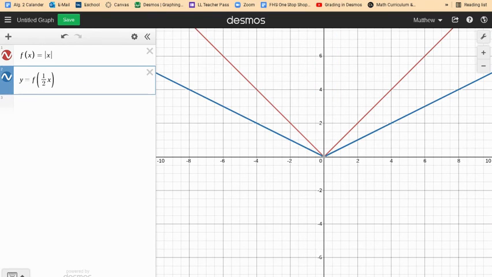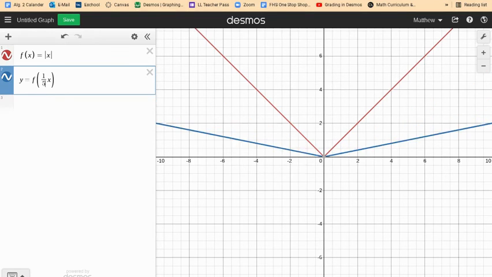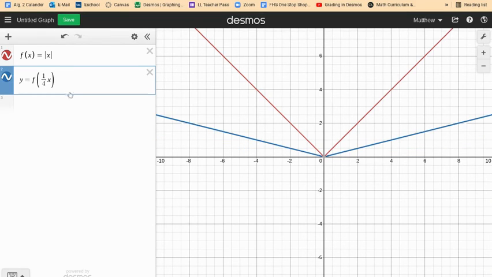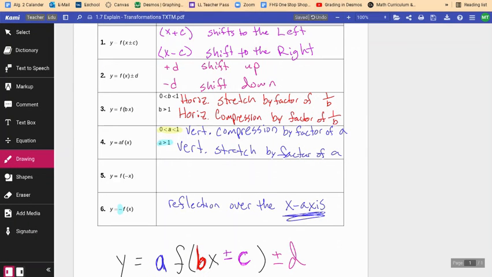Again, it looks very similar to a vertical compression, but we know that it's a horizontal stretch, and so it's gotten wider this time. And again, the lower that fraction gets, the wider it is, right? And so then this again is the tricky part. Let's say our factor is 1/4. Well, I would say it's a horizontal stretch by a factor of 1 divided by 1/4, which is just a factor of 4. I just flip it. It just becomes a reciprocal.